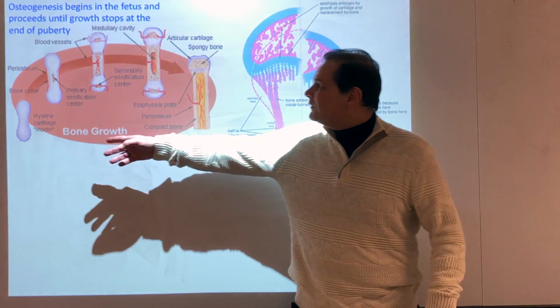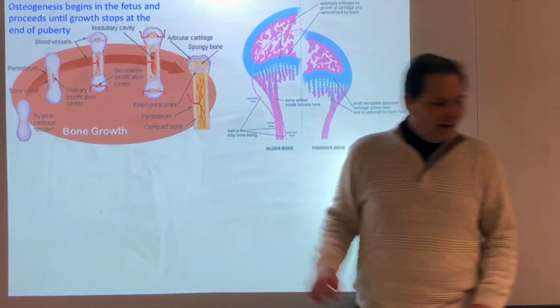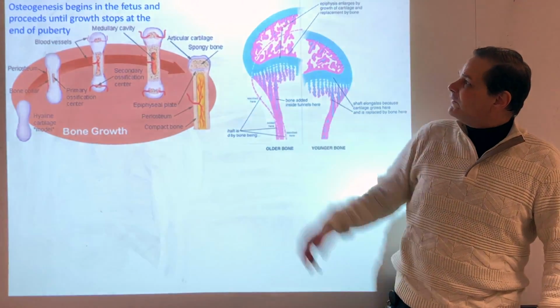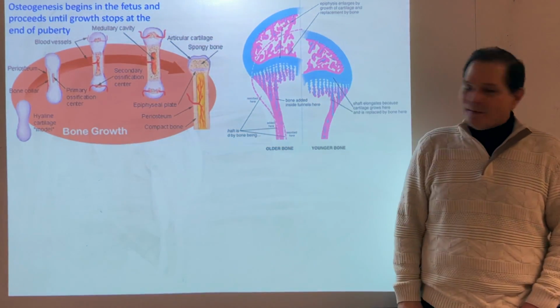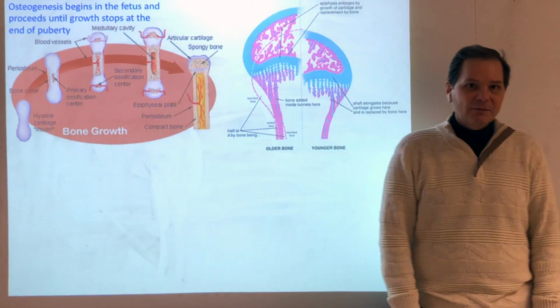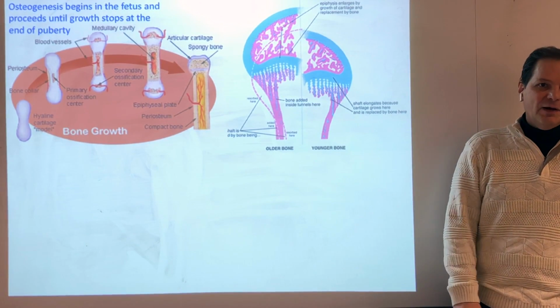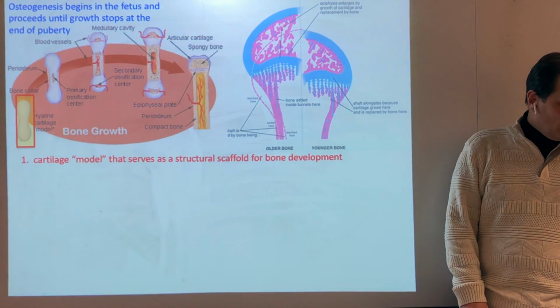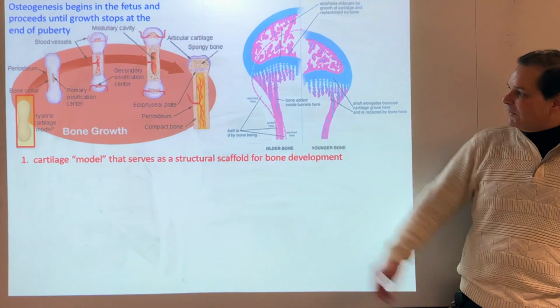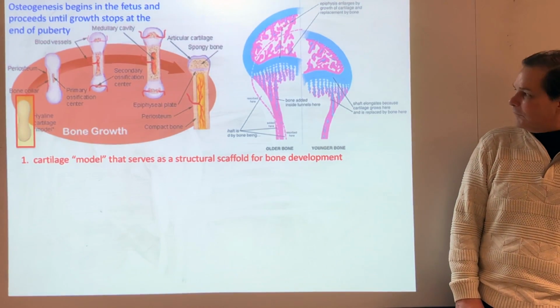So we have hyaline cartilage that we're starting with, and the whole process of osteogenesis begins with the fetus here, and doesn't stop until the end of puberty, where your epiphyses seal up, and I'll talk about that in a moment. So we have our cartilage model that serves as your structural scaffold for bone.